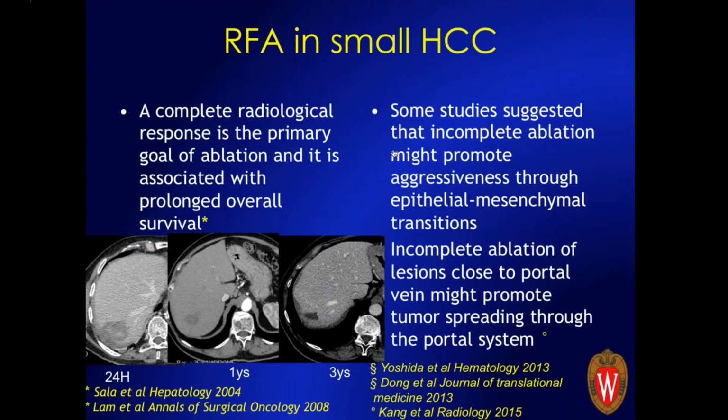But it's very important to obtain a complete radiological response immediately, meaning after the first treatment, because this can improve the survival and reduce the aggressiveness of the tumor and the tumor spreading through the portal system.